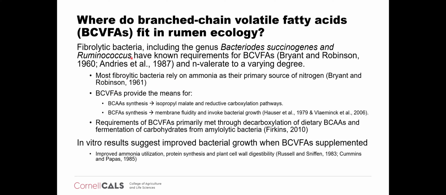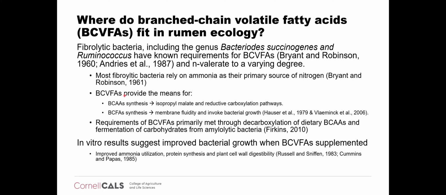And what we know is that these fibrolytic bacteria cannot take up amino acids, and they can't efficiently make branched chain amino acids. So they have an obligate requirement for the branched chain volatile fatty acids, which are really the keto acids of the branched chain amino acids.